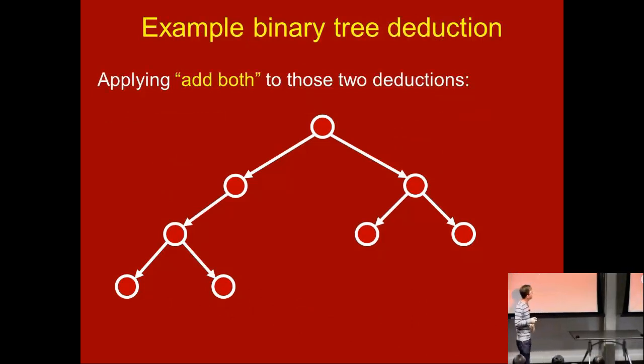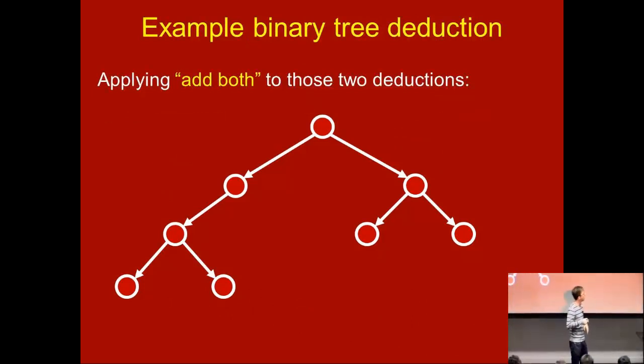So let's say you choose this to be the right subtree and this to be the left subtree, and you get this tree. OK, so this is an example of deduction that sort of proves that this is a valid binary tree. Any questions? OK.